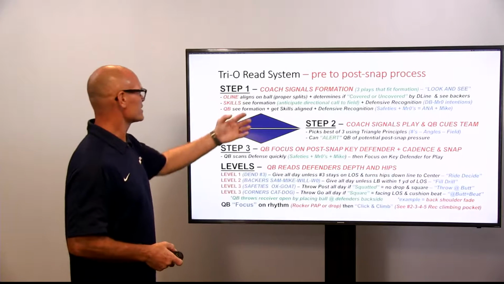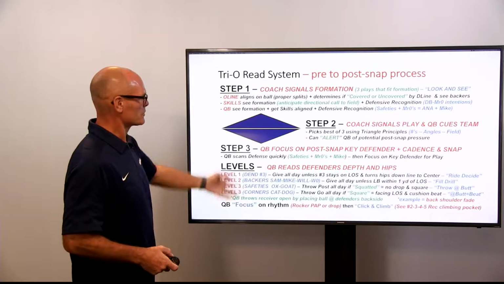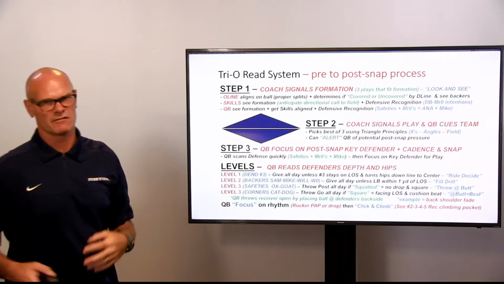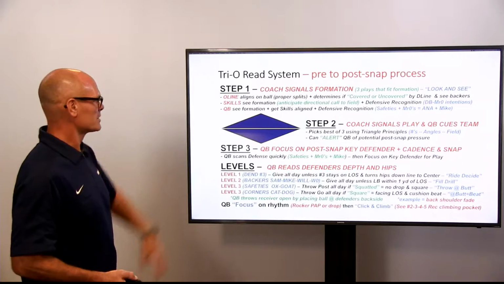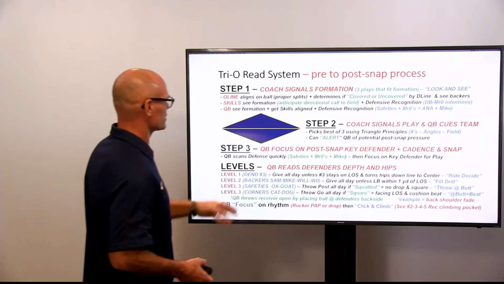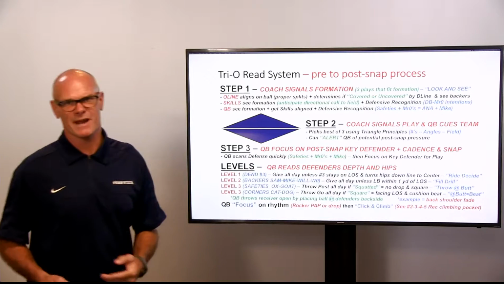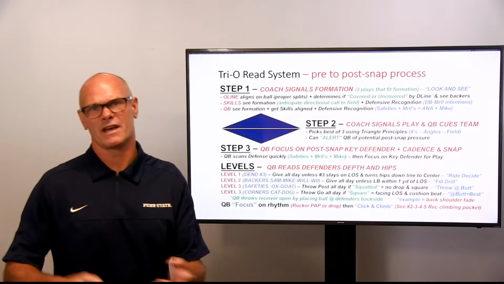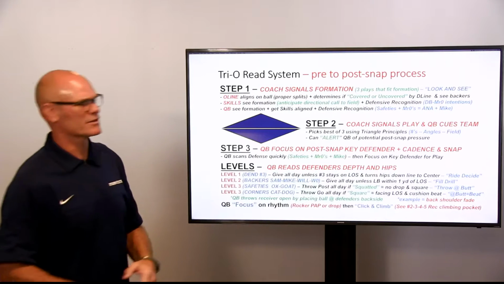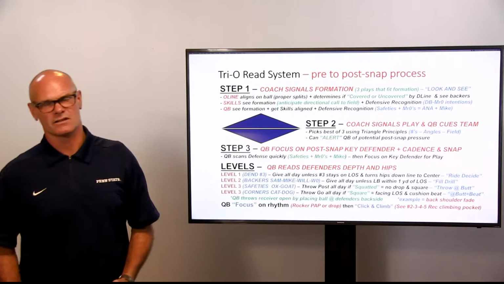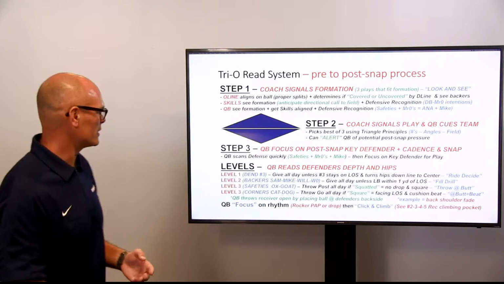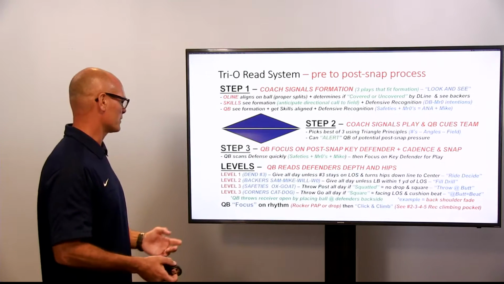With the trial read system, again, this goes through the pre and post snap process of the no huddle, but real simple. We want to check out those numbers, do that recognition, then we can call the play based on where we have numbers advantage, blocking angles, and hopefully get speed and space. And then third, the quarterback has to focus and know who that key defender is and start the play.